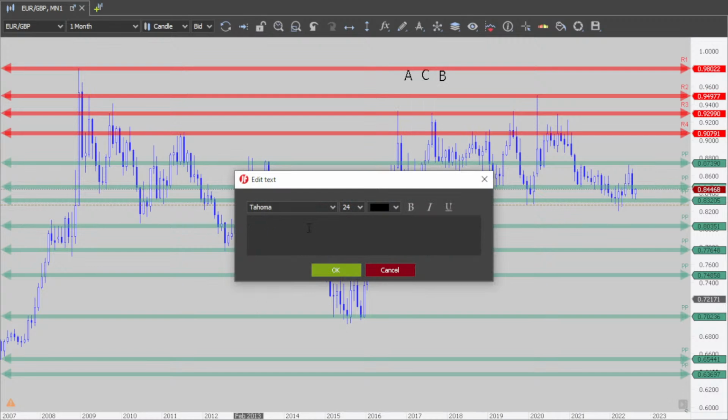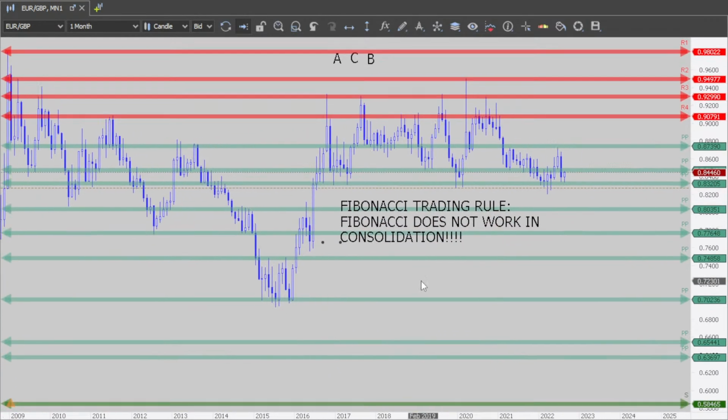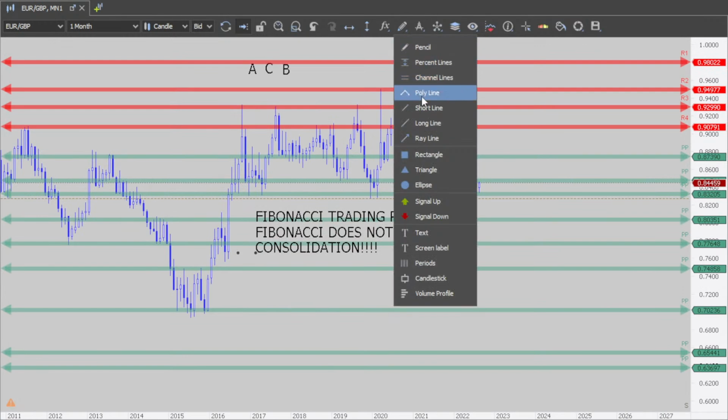Fibonacci trading rule. Fibonacci does not work in consolidation. And make it bold and big and 5 stars around this sentence.